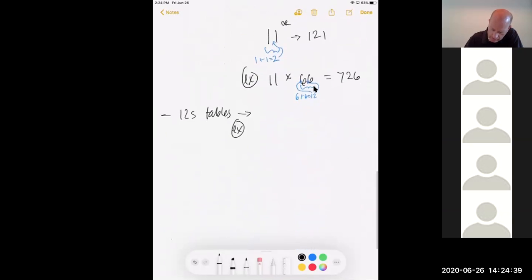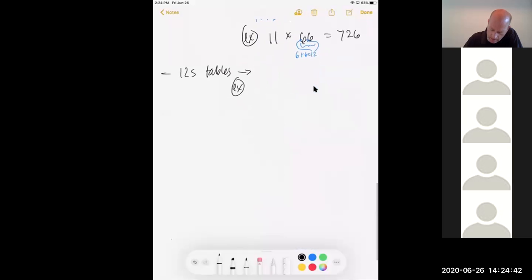Now we can write down a 12's rule. How can we do like 12 times 6? What do you guys think? You can do 10 times 6 and then add 6 times 2 to that.